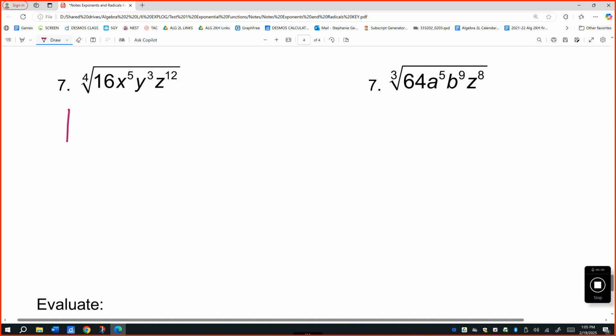So let's rewrite it. 16 to the 1/4, x to the 5/4, y to the 3/4, and z to the 12/4.